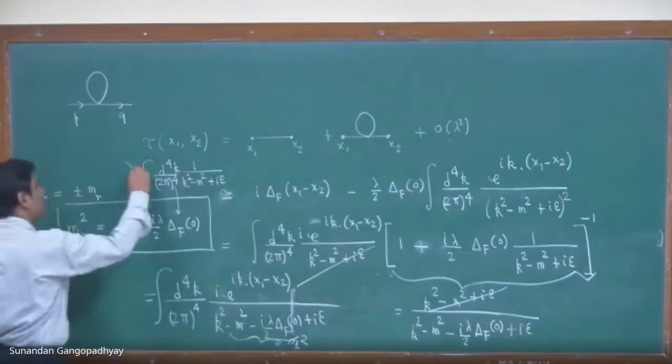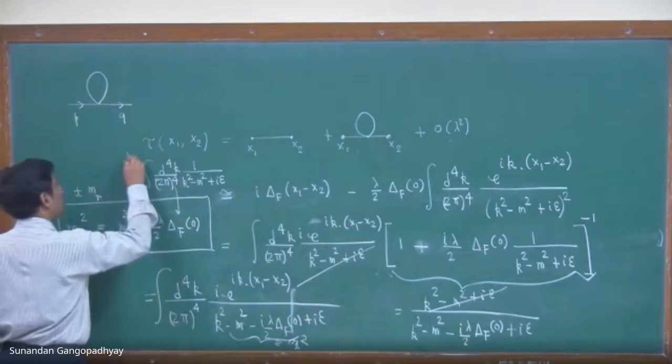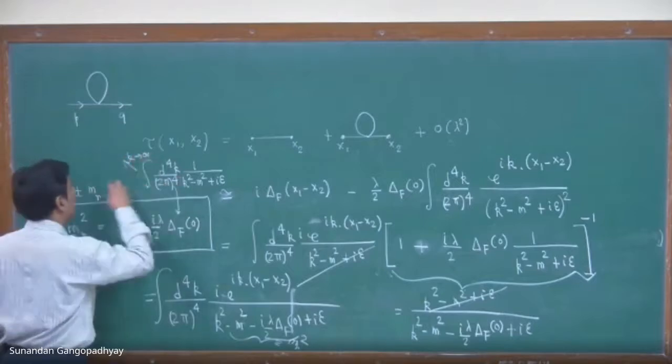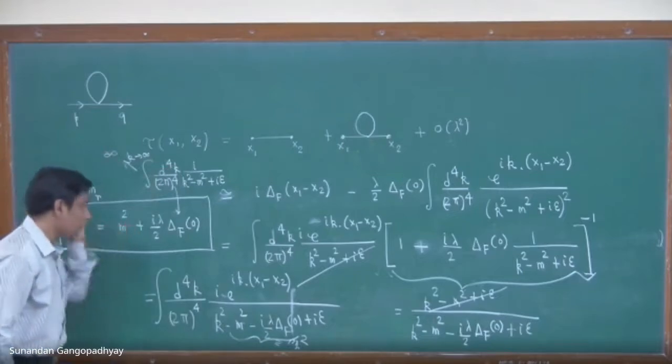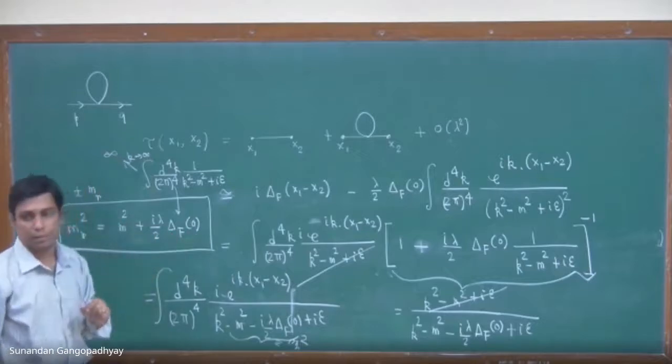And this therefore diverges for k large, or k to infinity. This is quadratically divergent. Right? And therefore the correction that you have to this mass is an infinite correction.